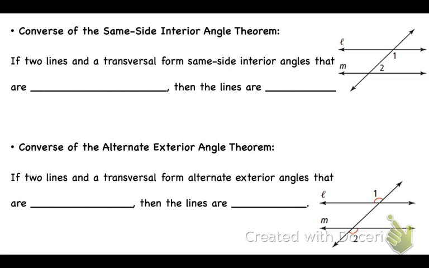So the next picture, same side interior. I have 1 and 2. Where's another set of same side interior? 3 and the other side, right? So 1 and 2 and 3 and 4. Oh shoot.